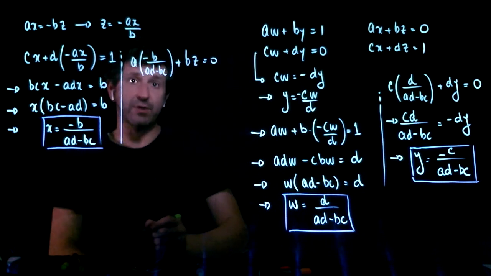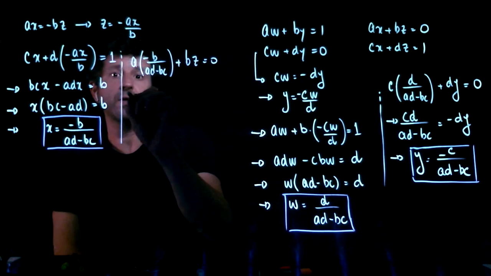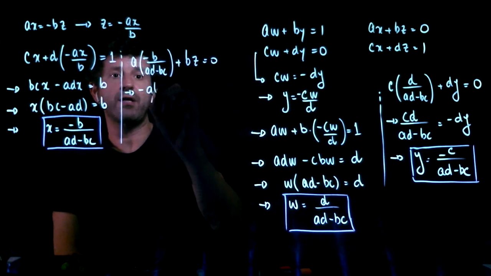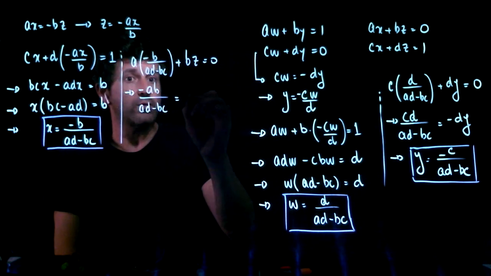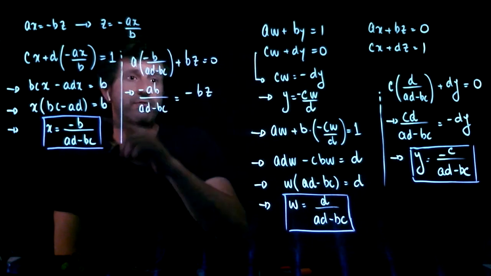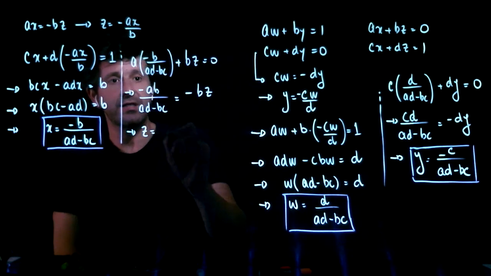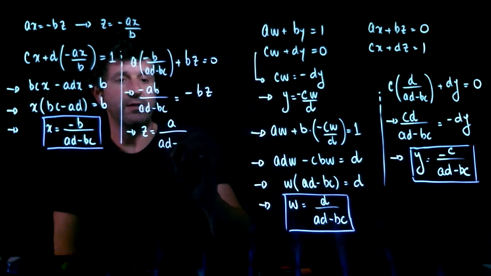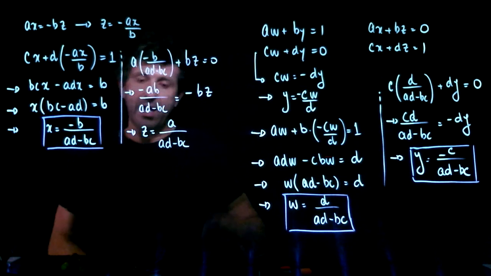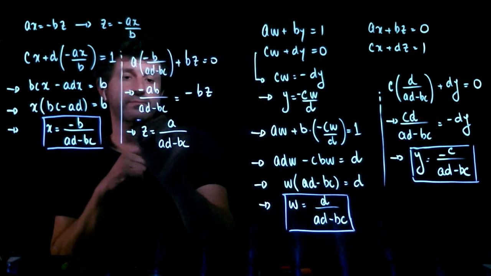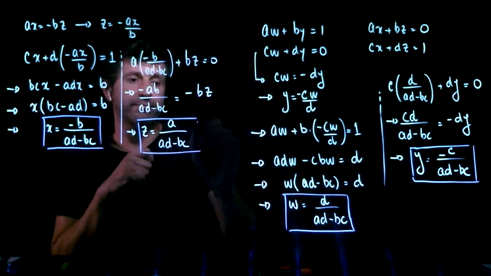And I can now isolate the Z. So negative AB over AD minus BC equals negative BZ. Divide everything by negative B. I find Z is equal to A over AD minus BC, and I just found Z.